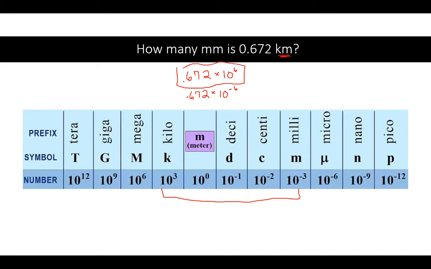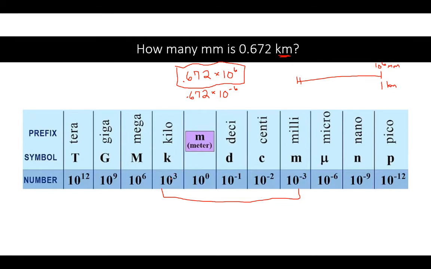So again, just to break this down, if this was equal to 1 kilometer, then 1 millimeter would just equal this, because a millimeter is a factor of 10 to the 6th smaller than a kilometer. And so that means that in 1 kilometer, there are 10 to the 6th millimeters, because they have this factor of 10 to the 6th difference.